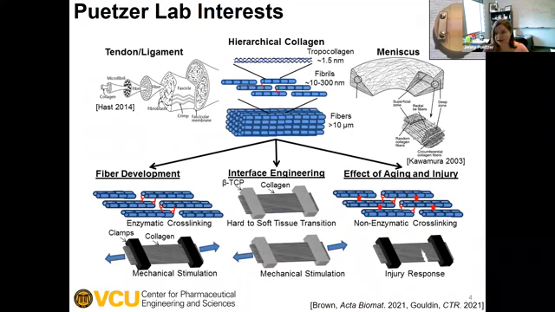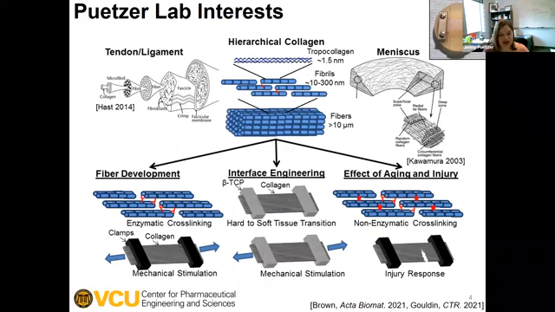Anywhere there's a tendon or ligament in your body, it has to anchor into that stiff bone, and that mismatch in mechanics can lead to lots of injuries. And then we're also interested in how these tissues change with age, and of course, how we can start to mitigate those changes to reduce the injury and the inflammation that we often see with aging in these tissues.